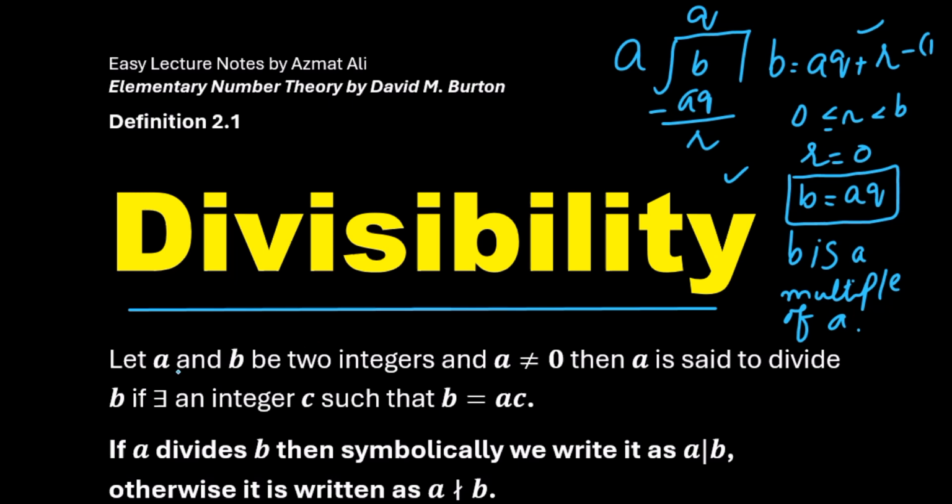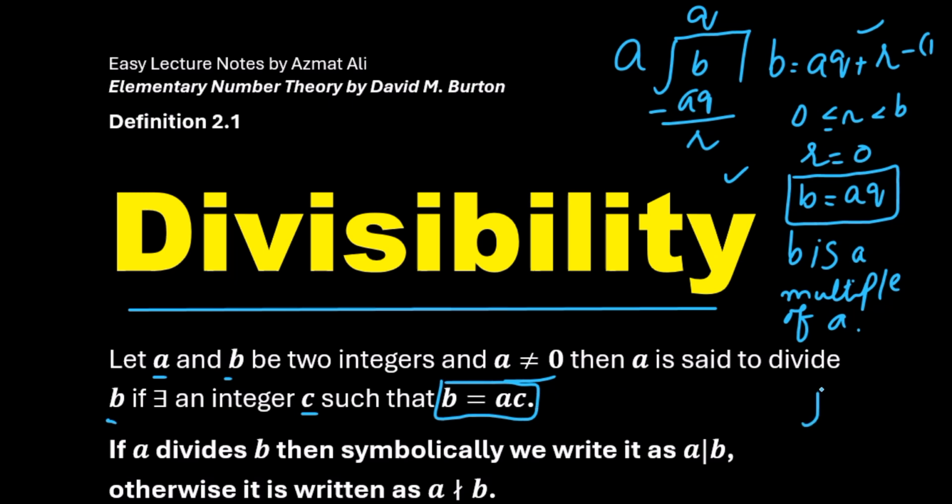Let a and b be two integers where a is non-zero. Then a is said to divide b if there exists an integer c such that we can write b is equal to a times c. We can discuss this definition with a simple example.